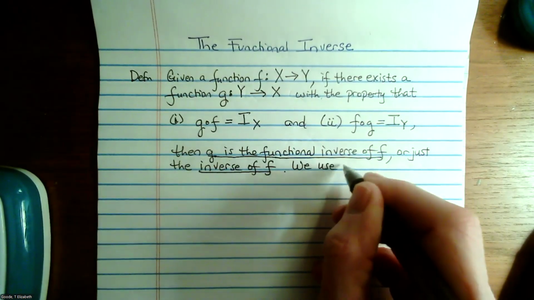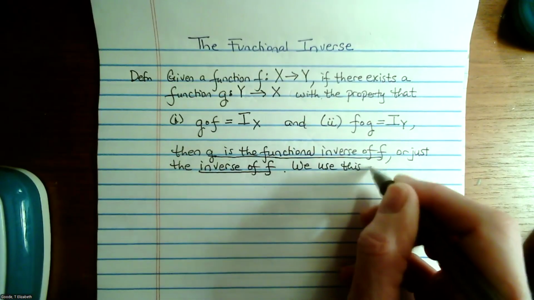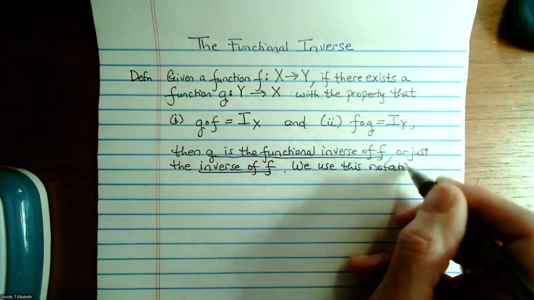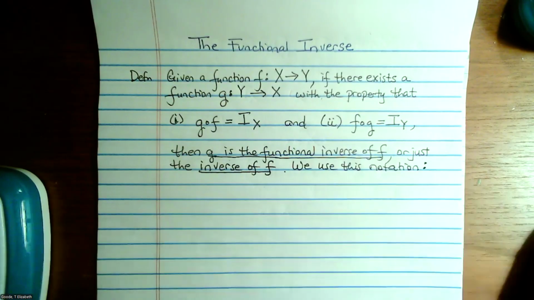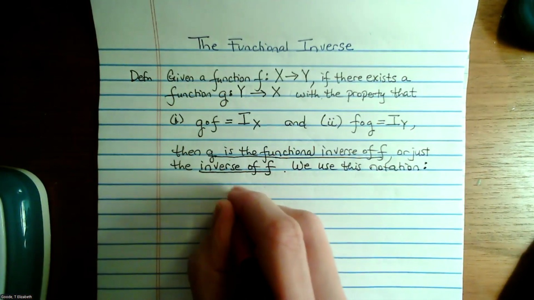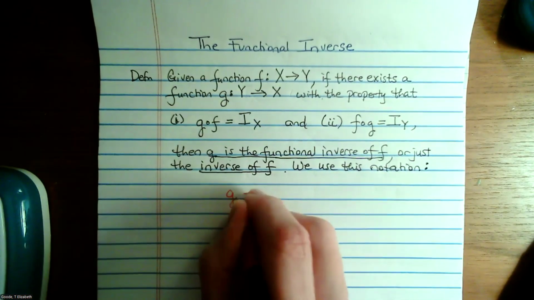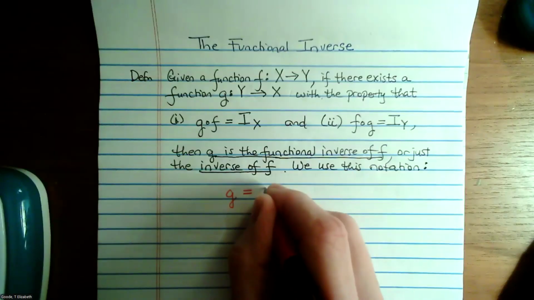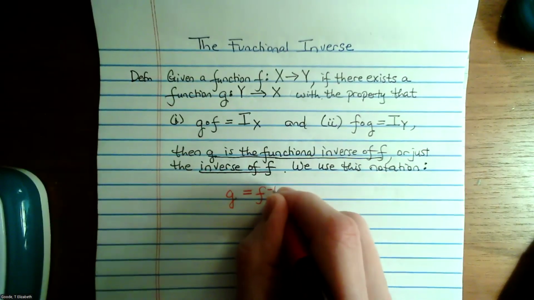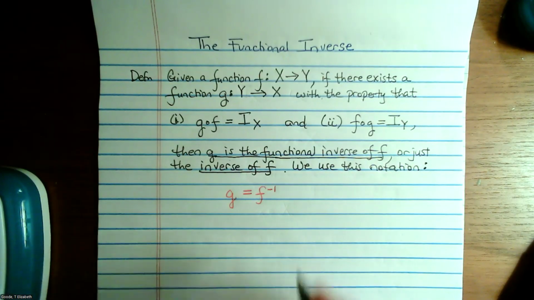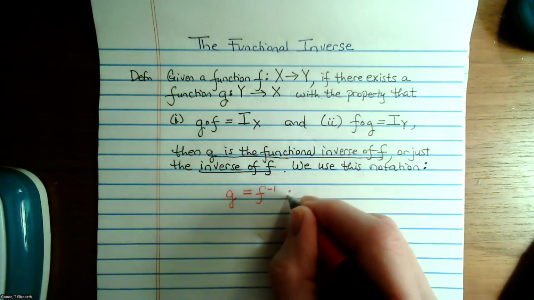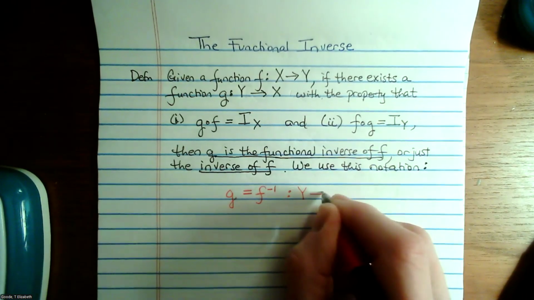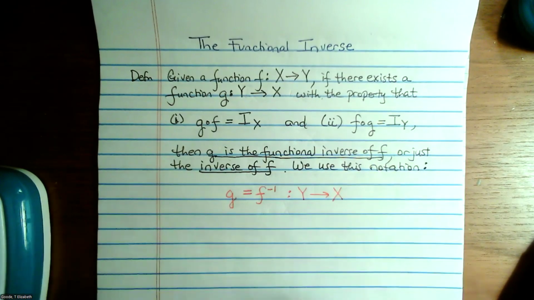We use this notation. g is equal to f raised to the minus 1. And it maps from Y back into X. And the intuition behind the functional inverse, folks, is it just undoes whatever f did.